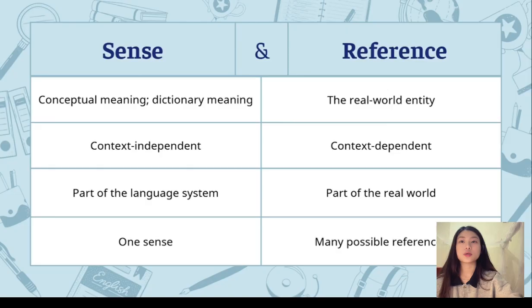Reference answers the question, who or what is being referred to? One expression can have one sense but many possible references. For example, the dog. The word dog always has the same sense, but it can refer to many different dogs.